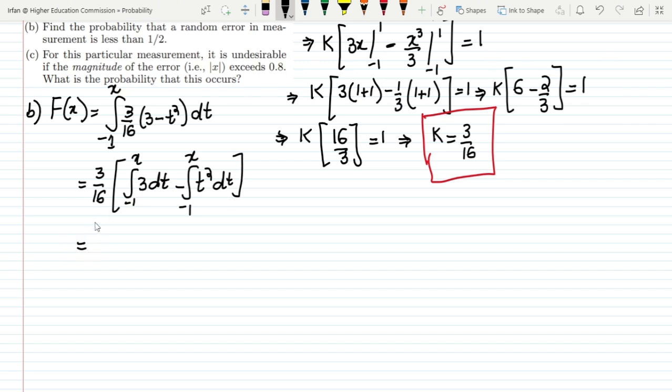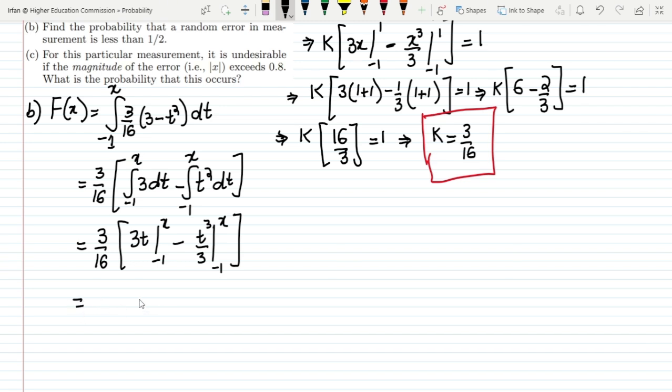Now let me simplify them. I will get 3 by 16, and here I will have 3t from -1 to x, and minus t cube by 3 from -1 to x.